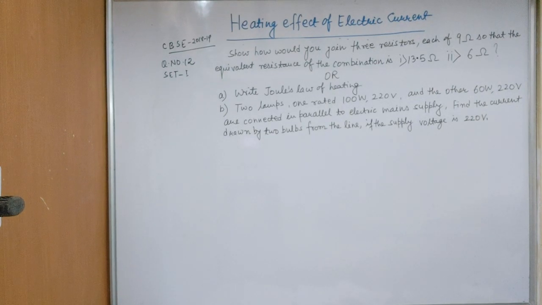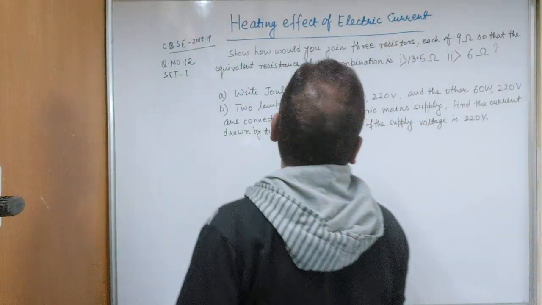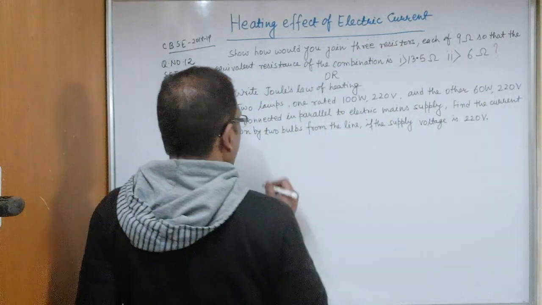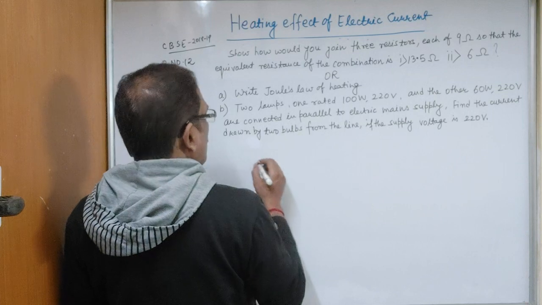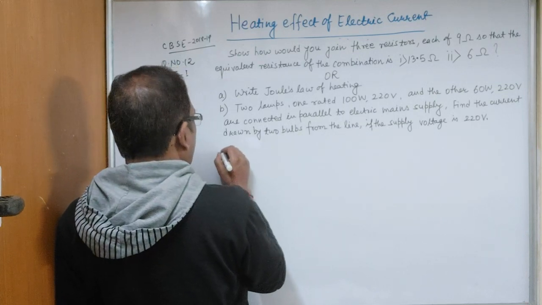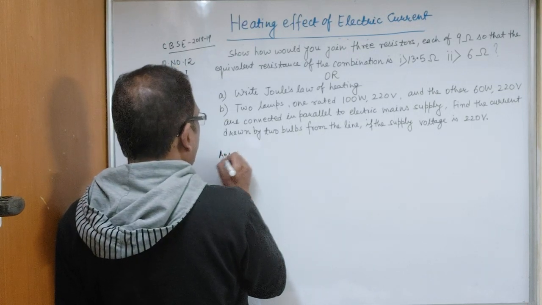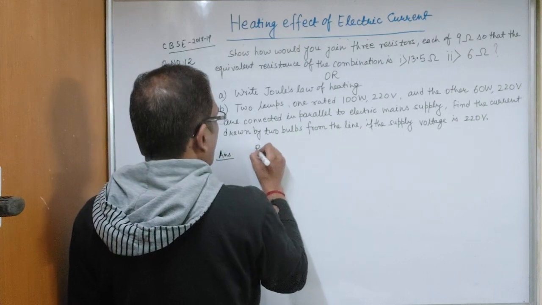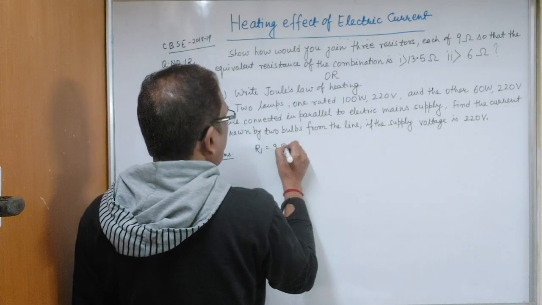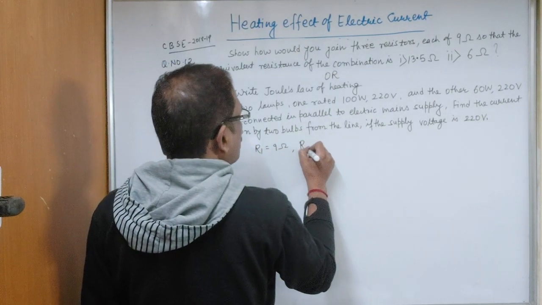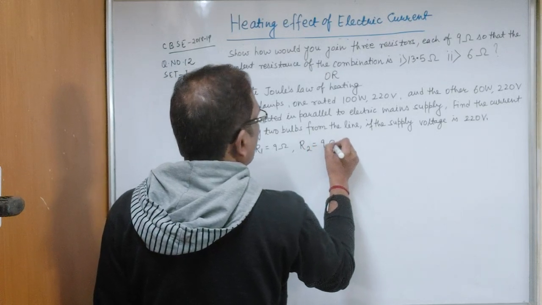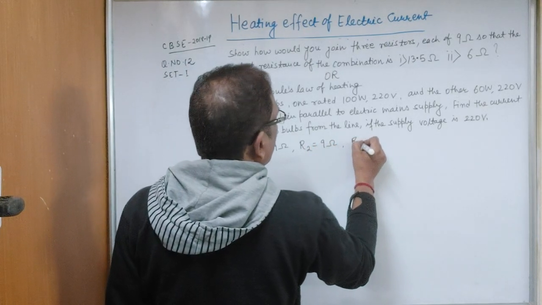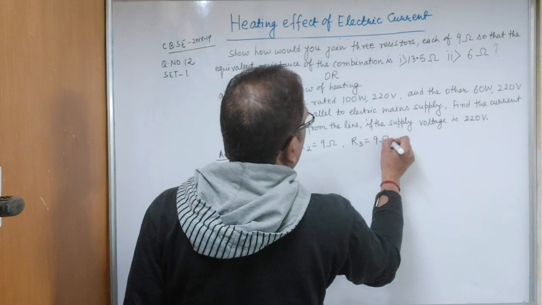So let us solve the first part, children. We have three resistors and all are of 9 ohm each. So R1 is 9 ohm, R2 is 9 ohm and R3 is also 9 ohm.